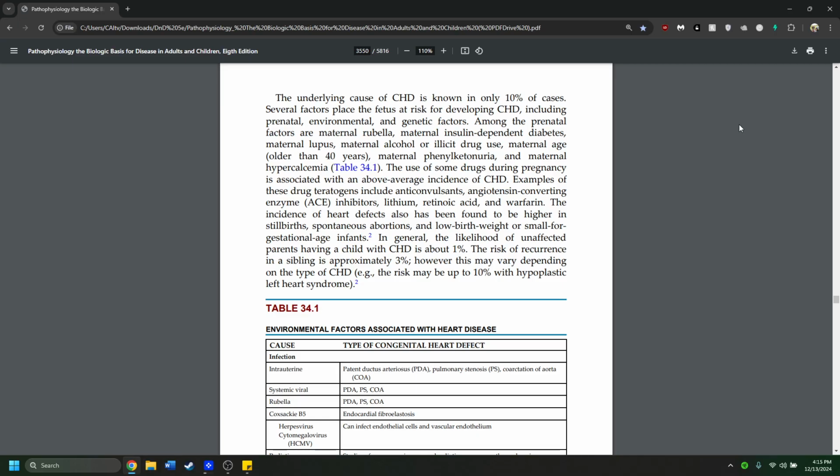The incidence of heart defects also has been found to be higher in stillbirths, spontaneous abortions, and low birth weight or small for gestational age infants. In general, the likelihood of unaffected parents having a child with CHD is about 1%. The risk of recurrence in a sibling is approximately 3%. However, this may vary depending on the type of CHD.